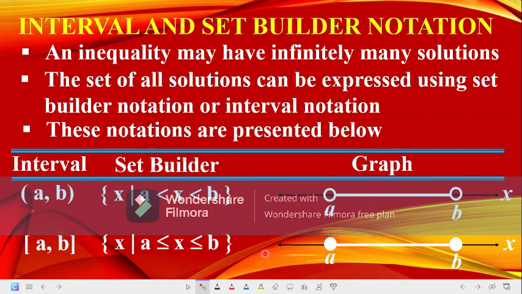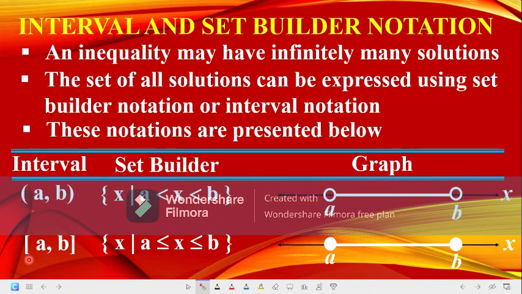Now, on the first graph, the circle is hollow on top of a and b. On the second graph, we have solid circles. It's no longer hollow. It means to say that if we are going to express this graph in interval notation, we are going to use the square bracket.